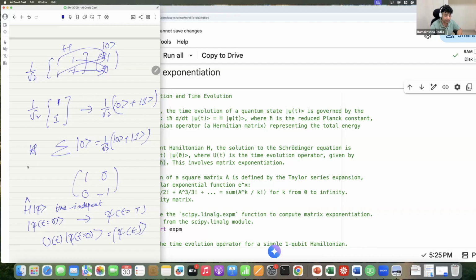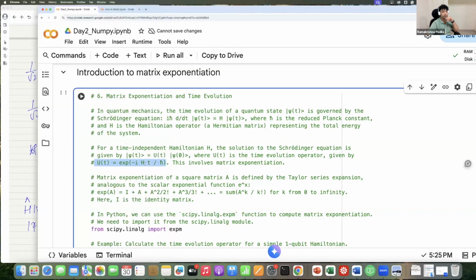And this unitary operator we define as the exponential of minus iHt by h bar. Here we're just setting t0 equal to 0. So here the Hamiltonian, or any operator, is a matrix. So here you are taking the exponential of a matrix.